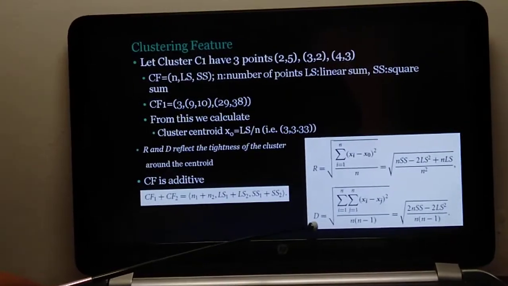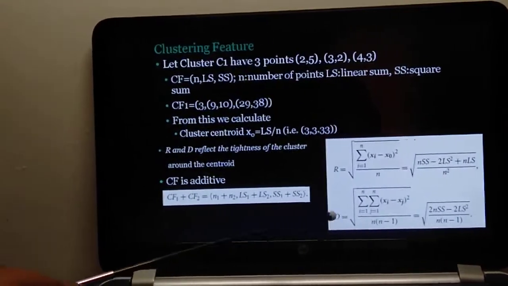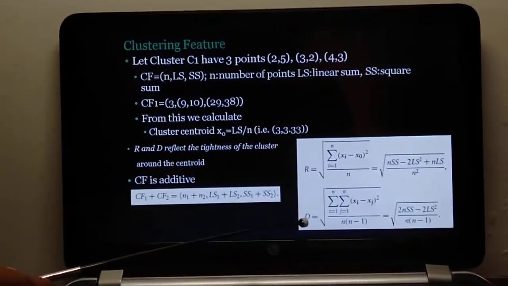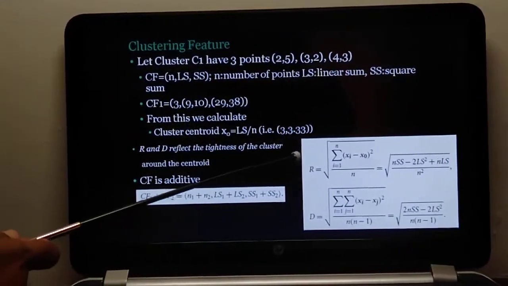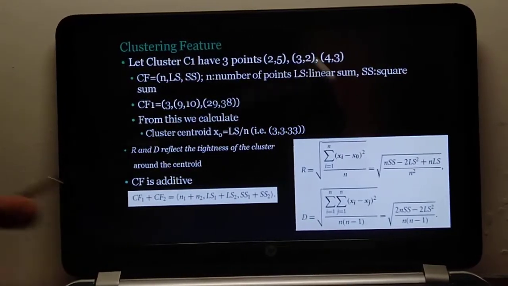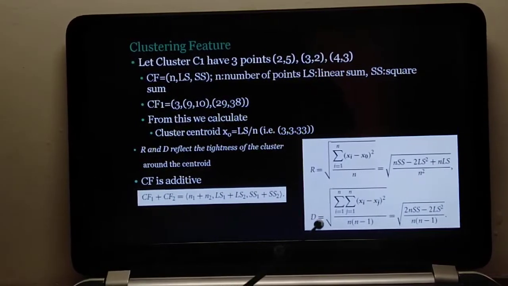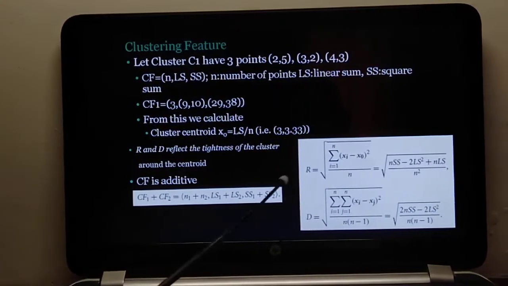So every time a new element is put into a particular cluster, we will be calculating the radius or the diameter. And there is a threshold maintained for both radius and diameter. That means how big a particular cluster can be. How large the radius is or how large the diameter is already prefixed.